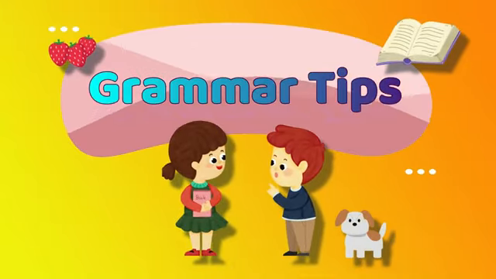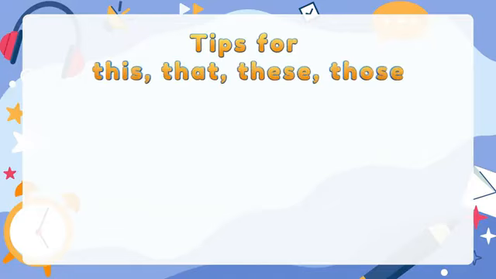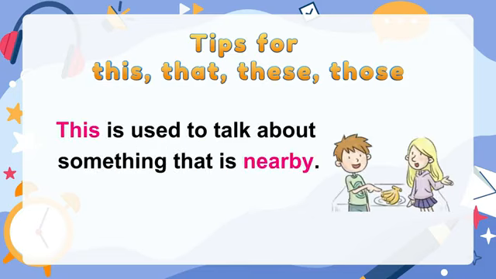Grammar tips. We'll talk about tips for what you just listened to. Tips for this, that, these, those. This is used to talk about something that is nearby.